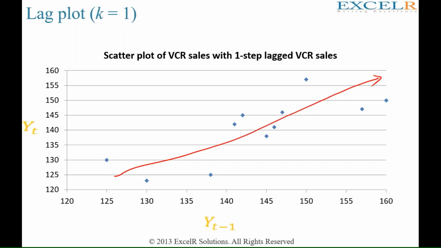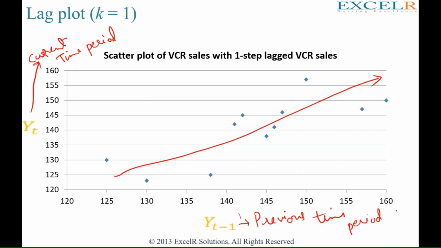There's a correlation between the current time period and the previous time period. Okay. Given this positive correlation, can I use the previous time period to forecast the current time period, given that I'm using the last sample technique?